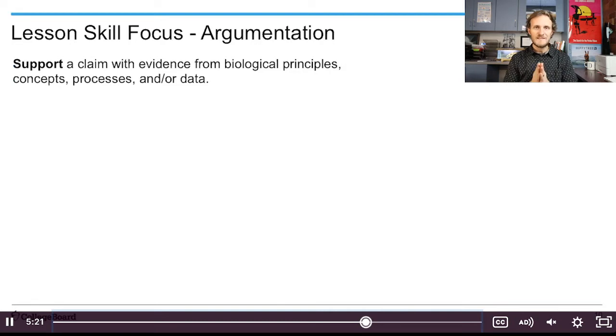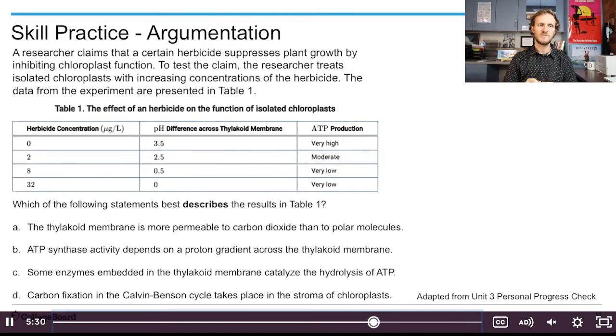All right, so now we're going to practice. This is argumentation. We're going to support a claim with evidence from biological principles, concepts, processes, and or data. Here it is, skill practice argumentation. A researcher claims that a certain herbicide suppresses plant growth by inhibiting chloroplast function. To test the claim, the researcher treats isolated chloroplasts with increasing concentrations of the herbicide.